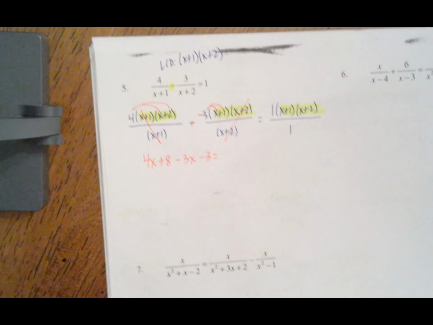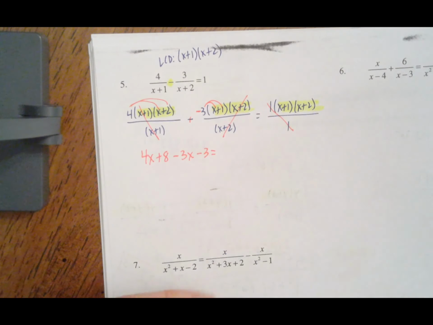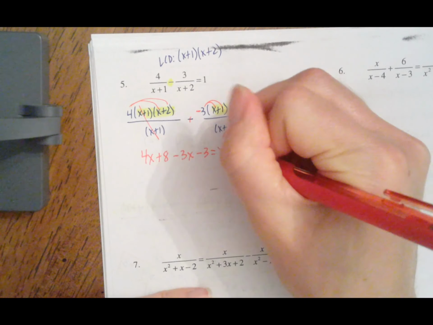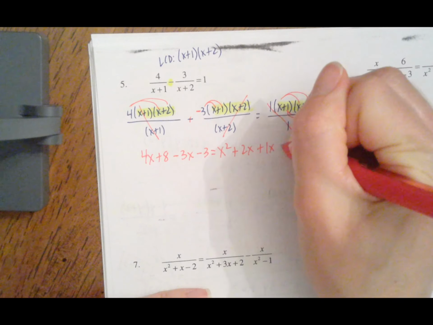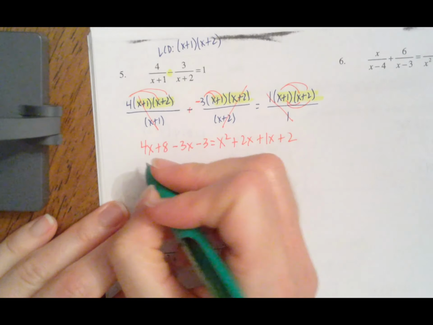Okay, and then on the right side, these ones cancel each other out essentially, but they don't really, they just simplify. And then we're going to distribute this. So x squared plus 2x plus 1x plus 2. All right, we need to combine like terms on the left.